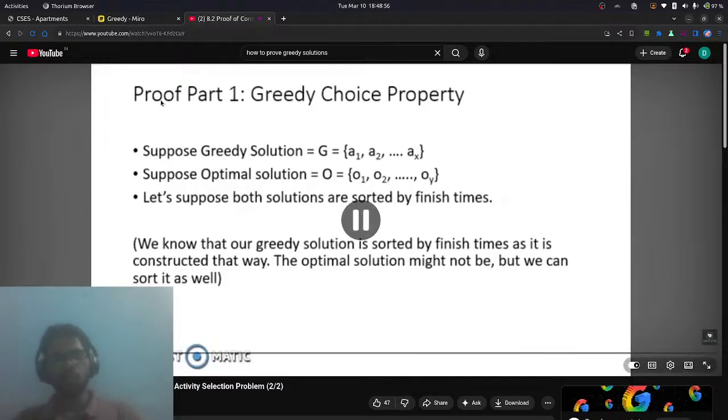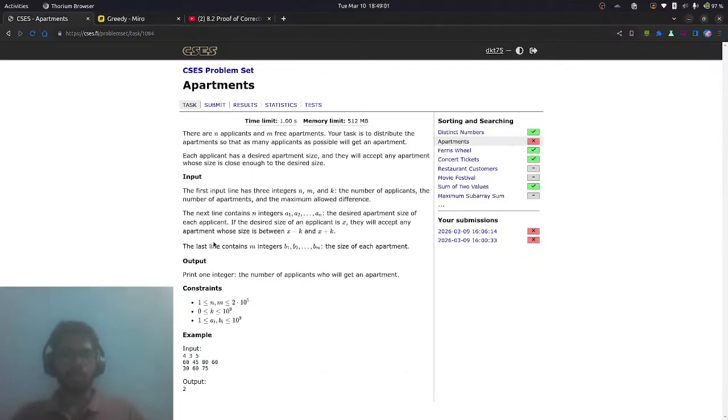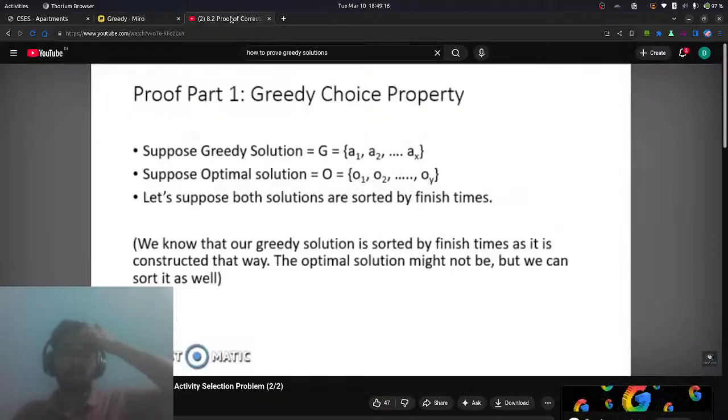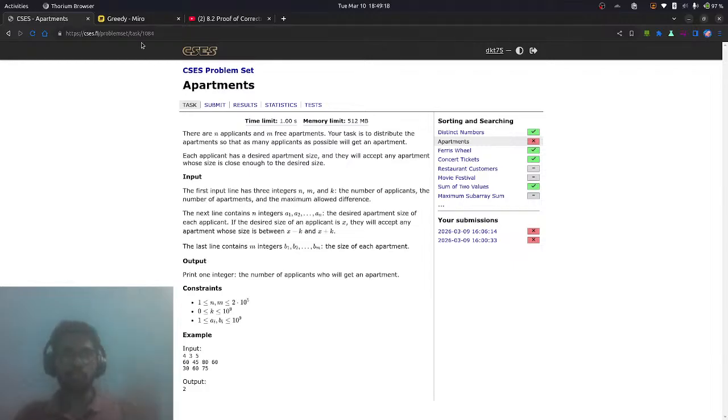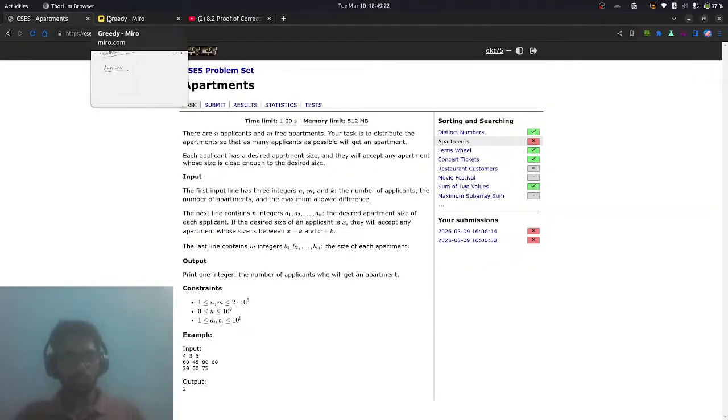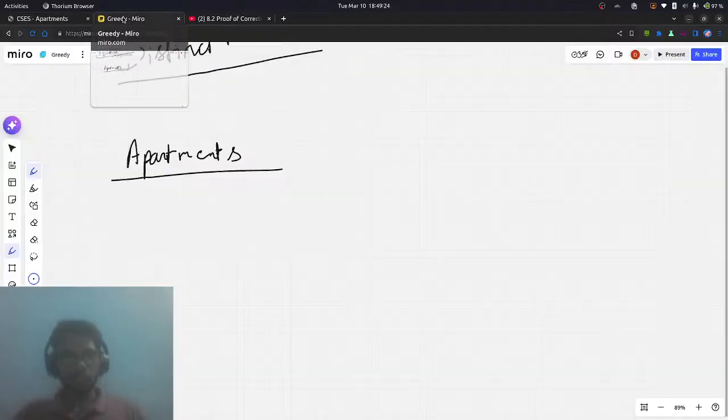Okay, so this is for a specific problem, I think. But for this apartment one, what my logic was, the approach I used was very simple actually. So we are given three things basically.